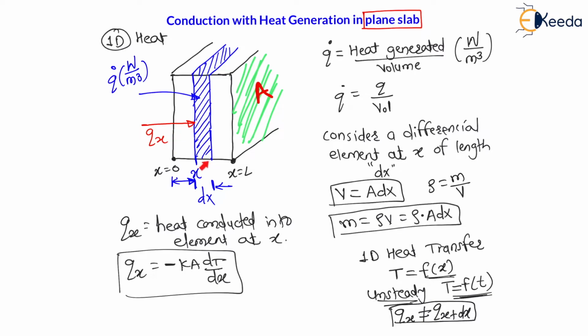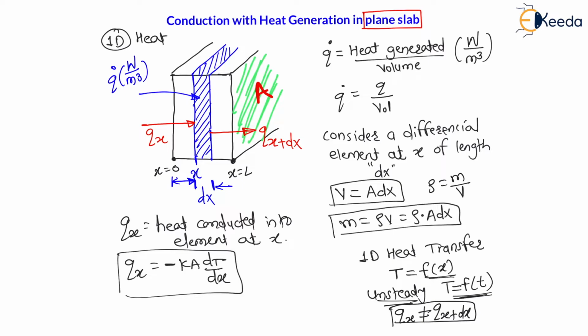Now again at a different location, that is x plus dx, let us say at this end x plus dx, the heat conducted out of the element is q. At location x plus dx, we can say qx plus dx is nothing but the heat conducted out of this element at location x plus dx.